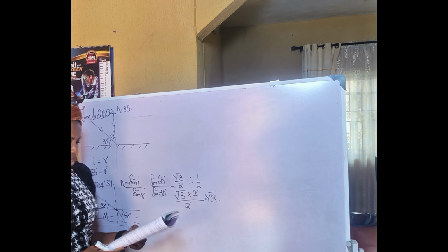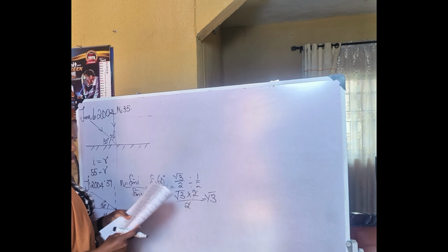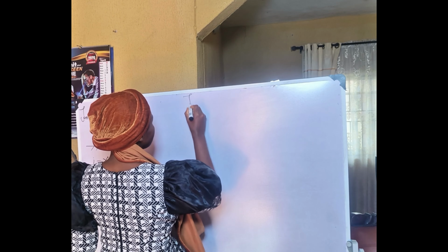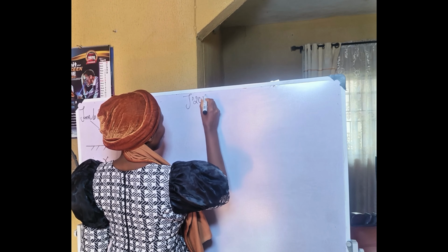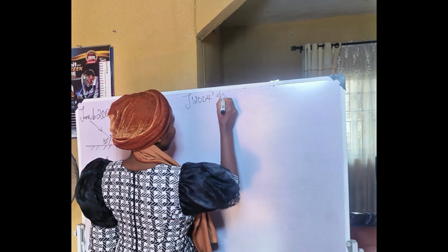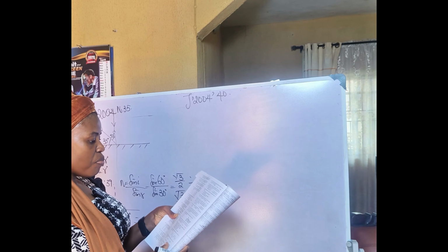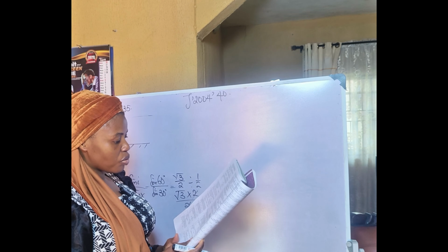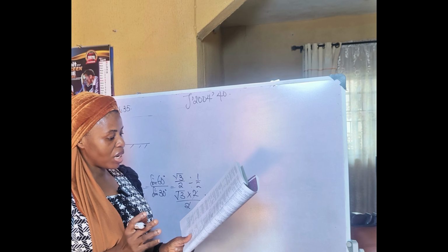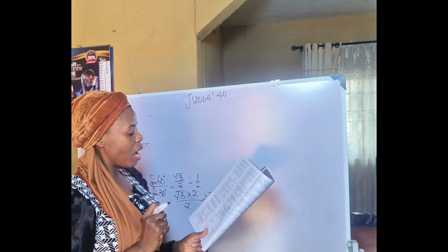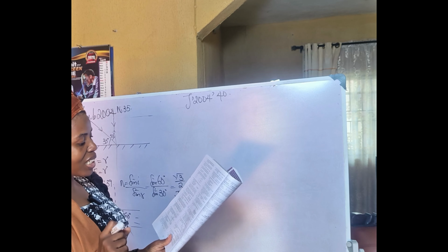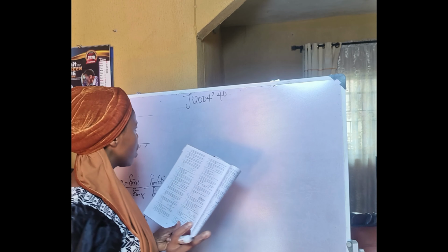I'm done. The next question, that same JAM 2004 number 40. We can see here, calculate the angle of minimum deviation for a ray of light which is refracted through an equiangular prism of refractive index 1.5.